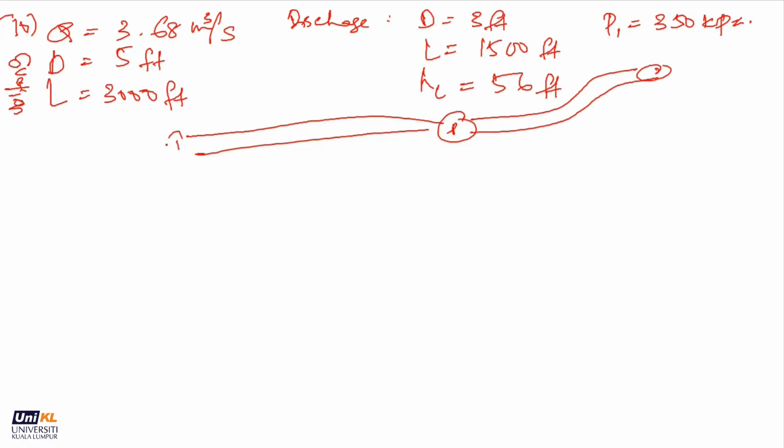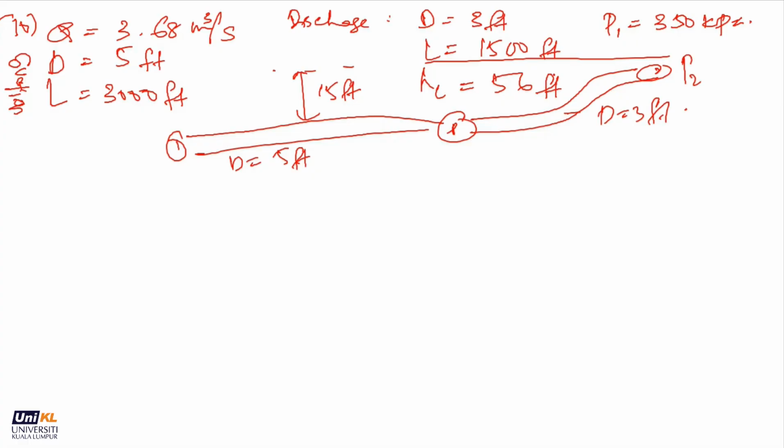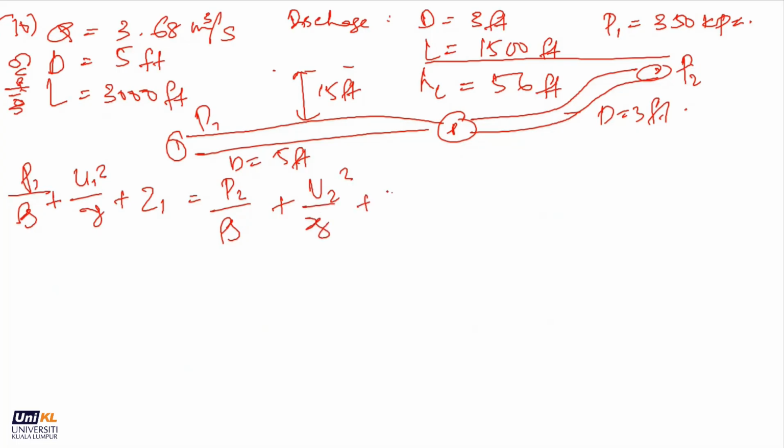So 0.2, 0.1. So here D5, here D3. P2 is 0.2, P1 is 0.1. P1 over rho G plus U1 square over 2G plus Z1 equals P2 over rho G plus U2 square over 2G plus Z2 plus head loss.